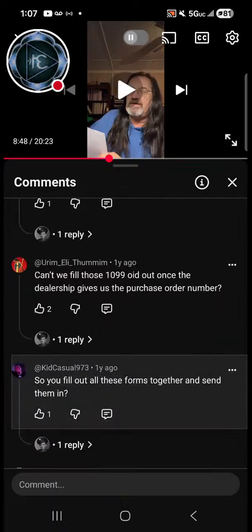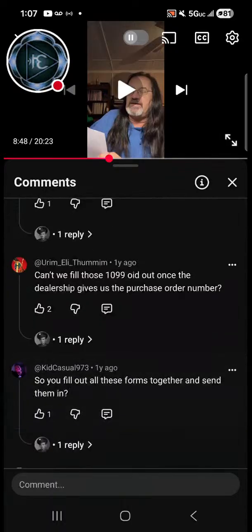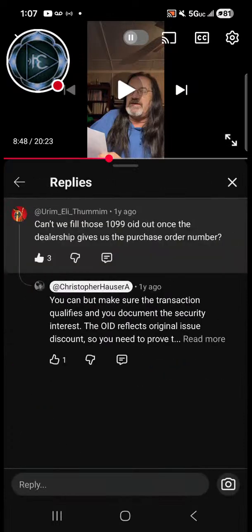Can we file these 1099s, OIDs out once the dealership gives us the purchase order number? I would say yes. Yes, with your account number, you can buy. You can, but make sure the transaction qualifies in your document, and you document the security interest first. And he can say first, but I would say first.